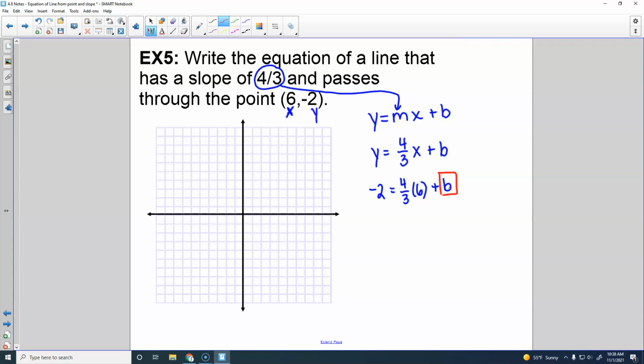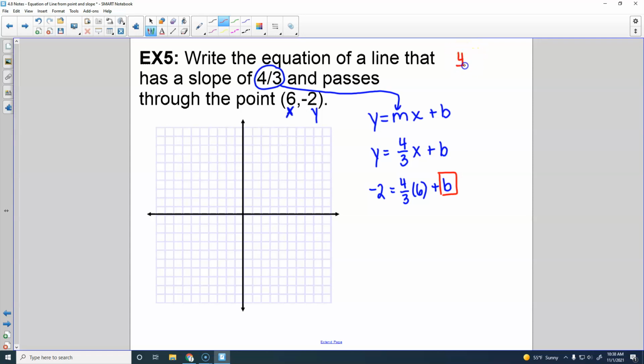Zane, what do I need to do to solve this equation? I can't do anything when I've got a 4/3 and a 6 right there. I need to multiply those together. How do I multiply those? Good. I'm going to do this over here on the side.